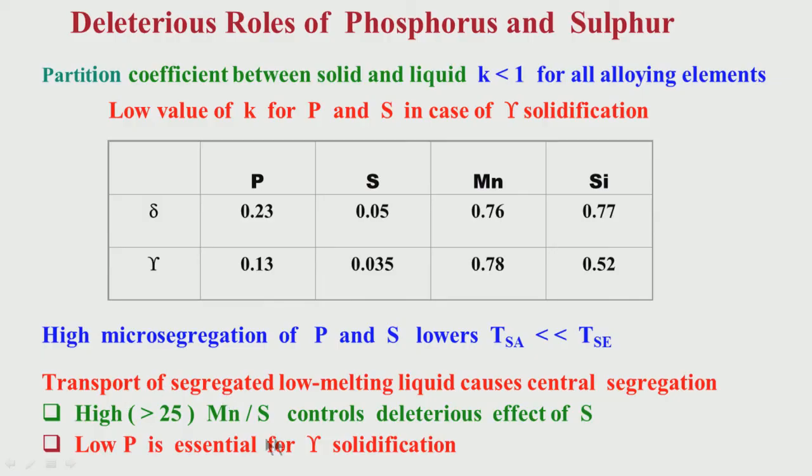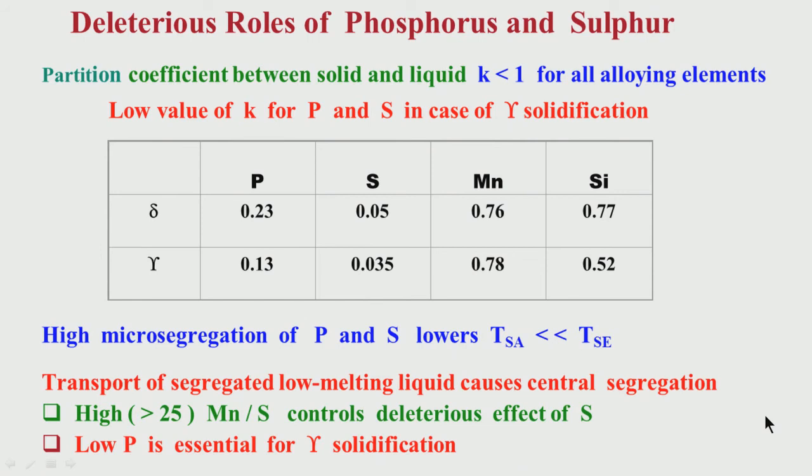So, the relatively bad effect of sulfur is taken care of if you have a high manganese by sulfur ratio in steel. That is why you must have a manganese by sulfur ratio more than 25. That means, if you have say 0.1 sulfur in steel, manganese has to be minimum 0.25.